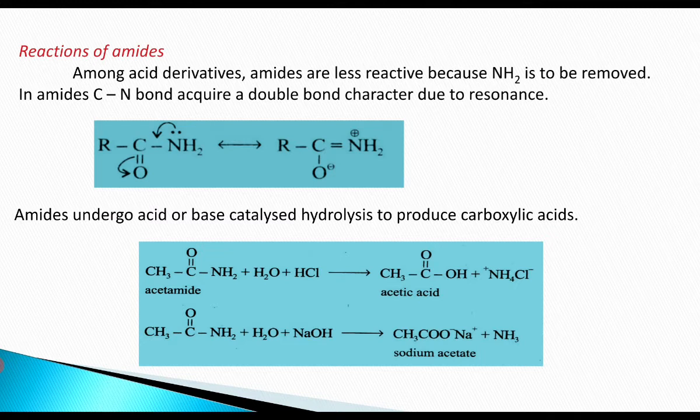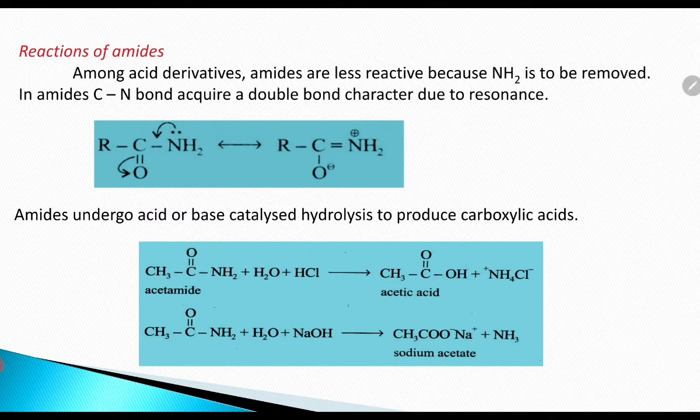Therefore, carbon nitrogen gets a double bond character because of this resonance. And amides undergo acid or base catalyzed hydrolysis to produce carboxylic acids. That is, on hydrolysis in the presence of acid or base, they give rise to carboxylic acids.